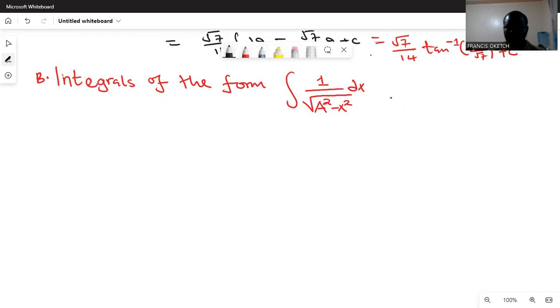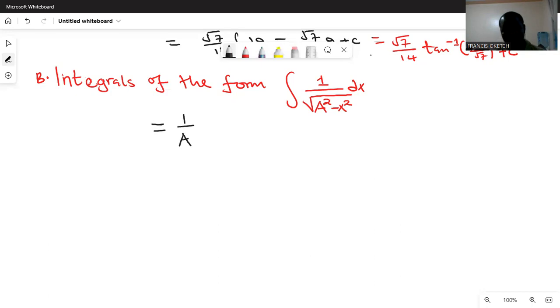Remember that this integral can be written as, if I decide to factor out the constant a squared, when you take a squared outside the square root sign, we are going to get this. So our integral will be equal to 1 over a, because inside the square root is a squared.